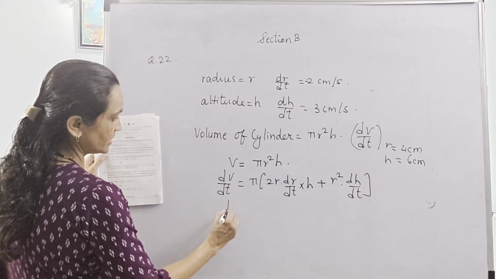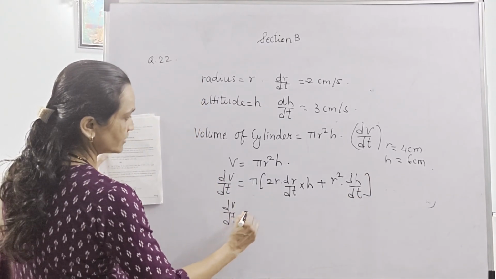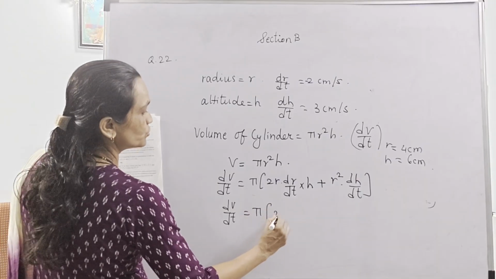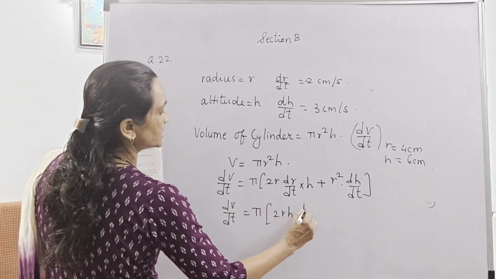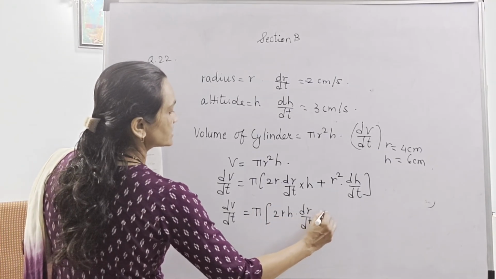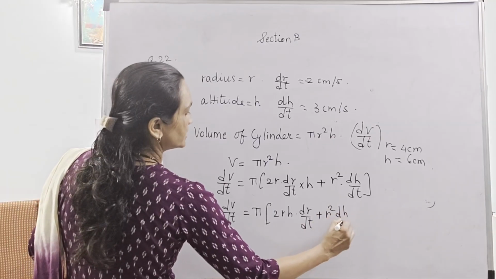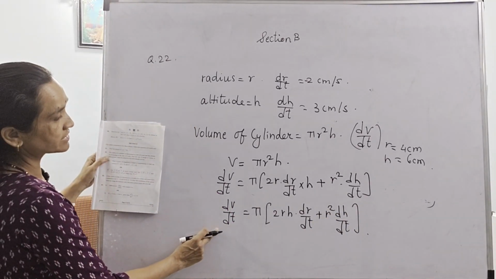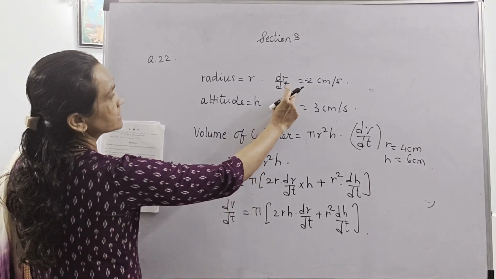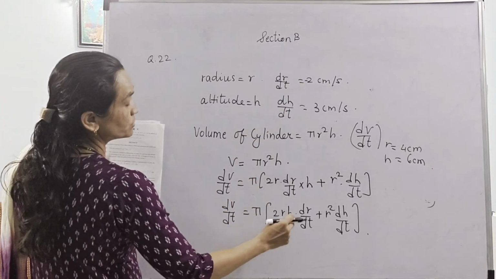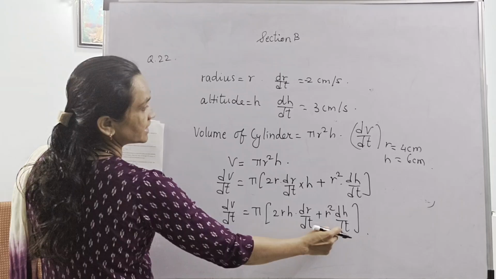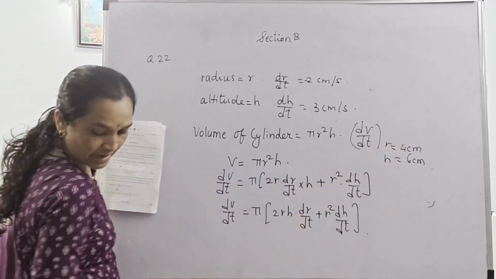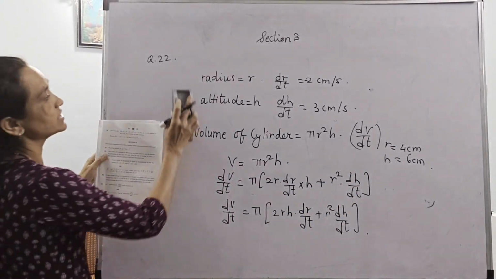Now I will rewrite dv by dt as pi into 2rh into dr by dt plus r square dh by dt. Now I have to fill in the values: dr by dt is equal to minus 2, dh by dt is 3, r is equal to 4, and h is equal to 6.